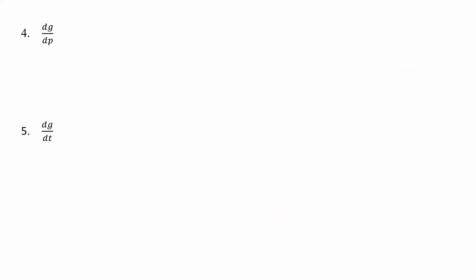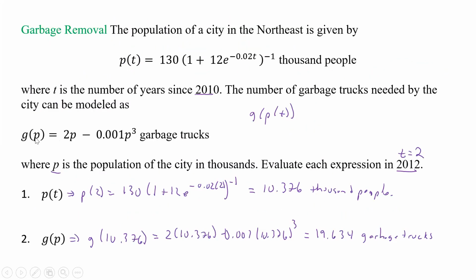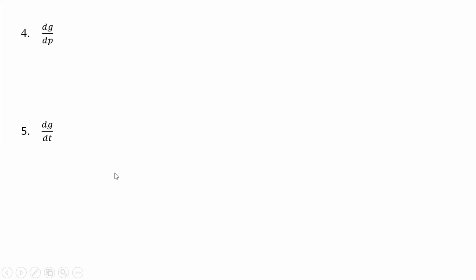Now, the next one, now we need dG/dP. So if we go back, that means I need to take the derivative of this. So if I write that thing down, G of P was equal to, I believe, 2P minus 0.001 P to the third. So this now is going to be at P equals 10.376.